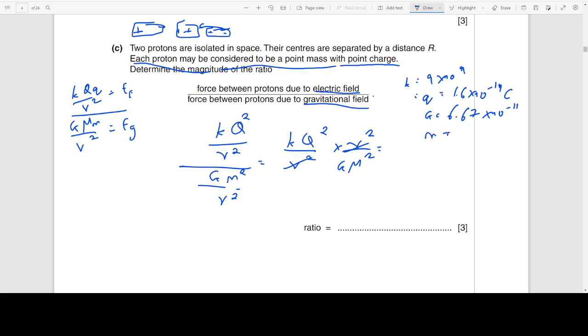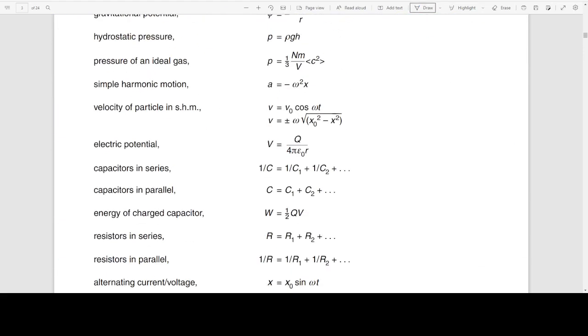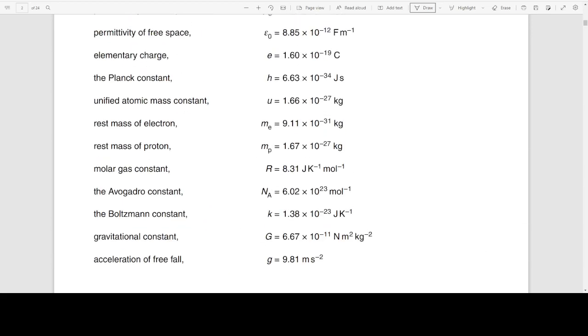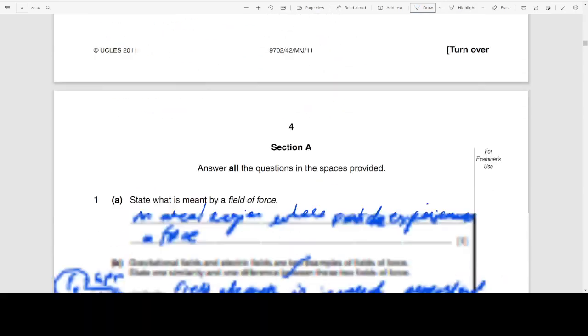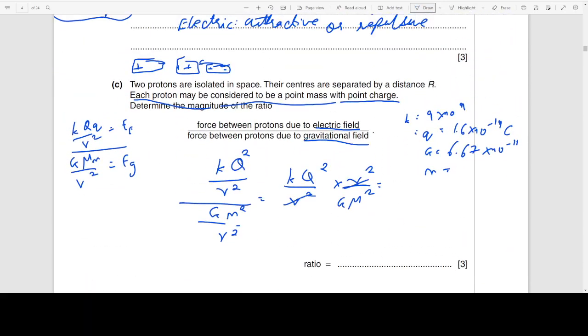Now let's see, guys, I'm not sure with the mass of the proton, so we'll just confirm it with the data sheet. Yeah, 1.67 into 10 raised to minus 27. So the mass of the proton is 1.67 into 10 raised to minus 27.